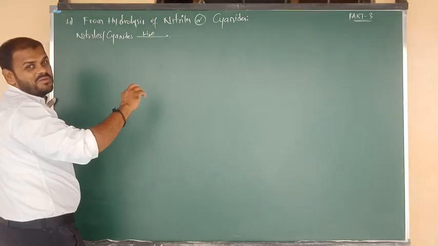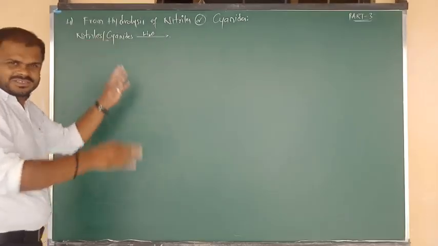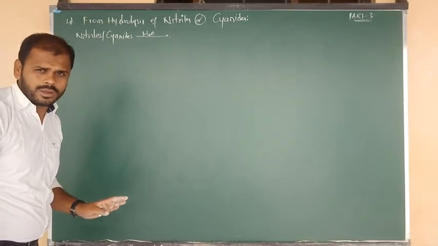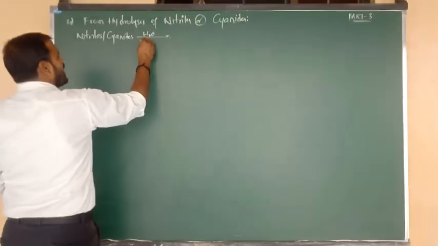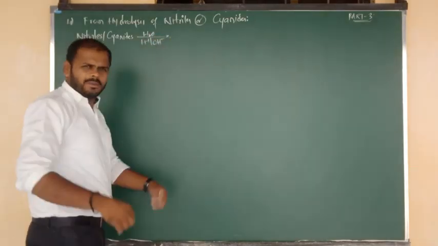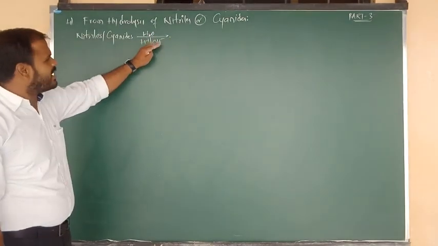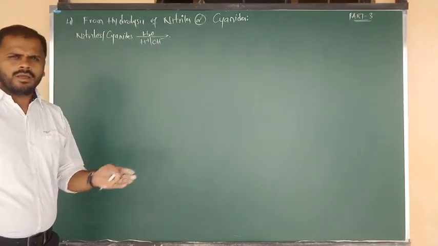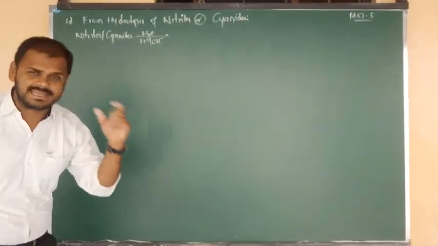Try to remember, nitriles or cyanides, both are the same. Nitriles undergo hydrolysis in acidic and basic medium, H plus and OH minus. You can carry out hydrolysis in both media here.